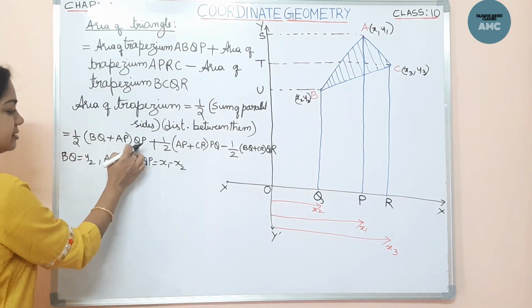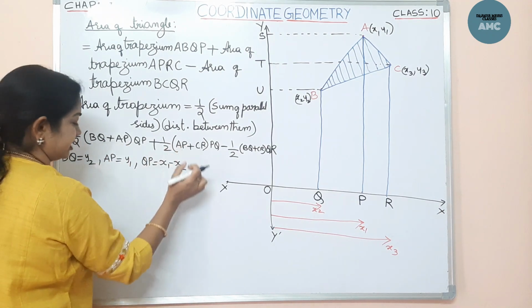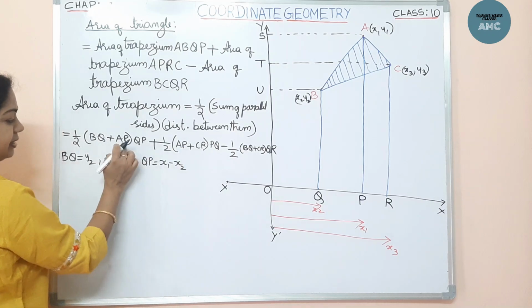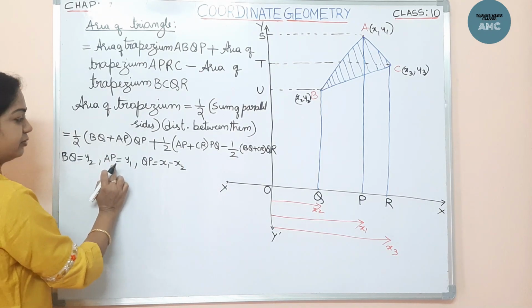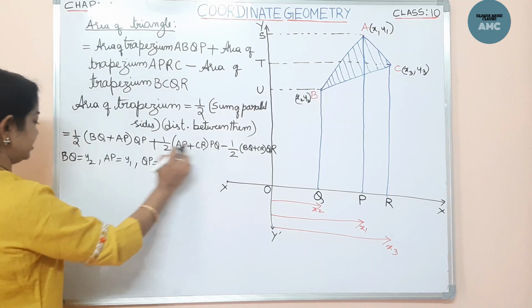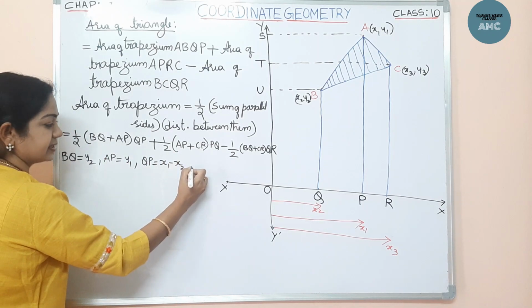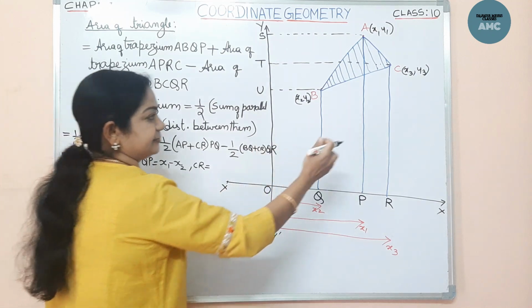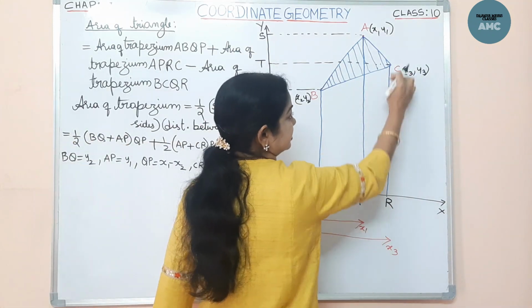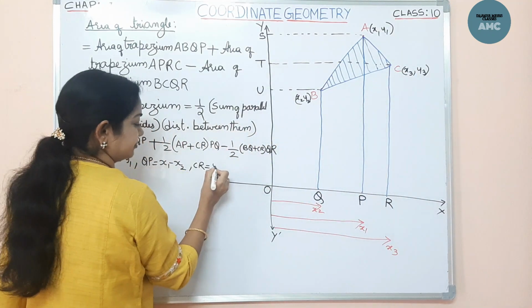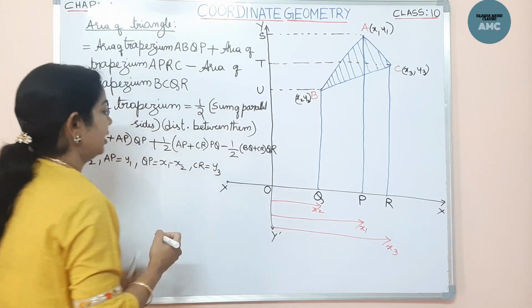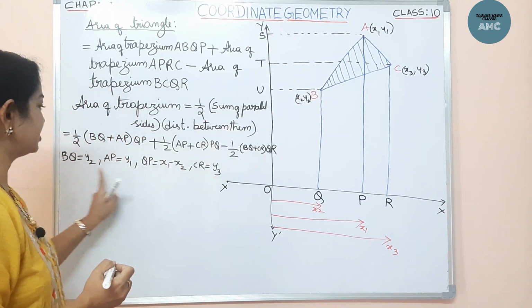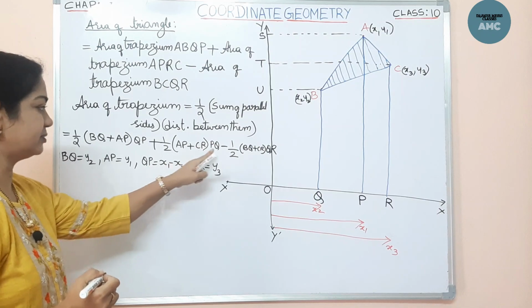Now all these terms I have listed out. The next one, AP, is already there, so no need of writing. CR is not there, so let me write CR. Now what is CR? From here, this part is Y3. And again PQ is there, QP or PQ, one and the same, so no need.